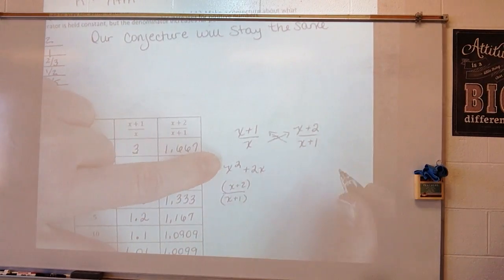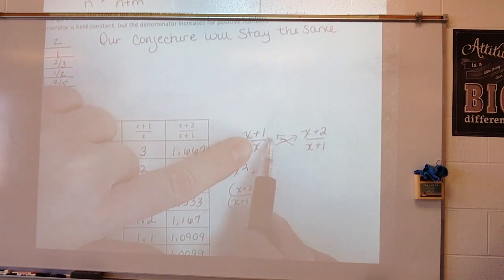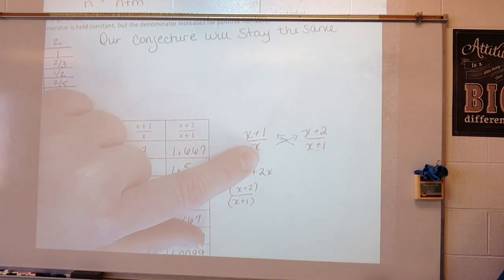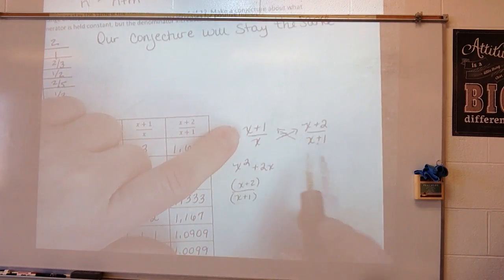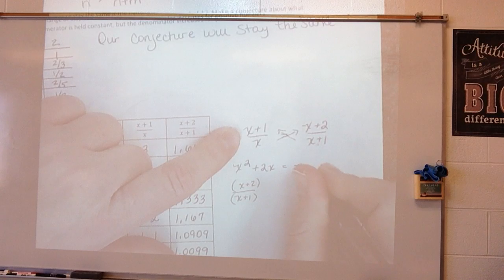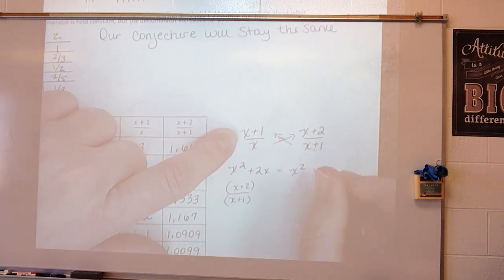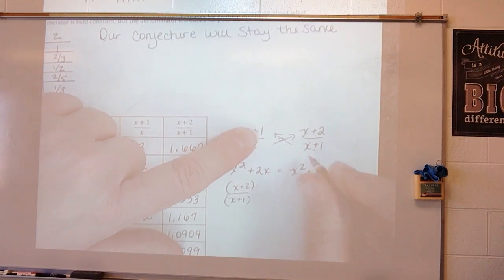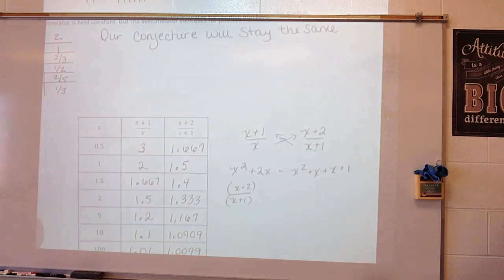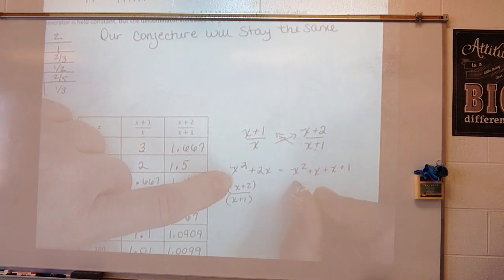Okay? And then let's look at this. So I have to do (x plus 1) times (x plus 1). So x times x is x squared. X times 1 is 1x. X times 1 is 1x. And 1 times 1 is 1. So I get x squared plus 2x plus 1.